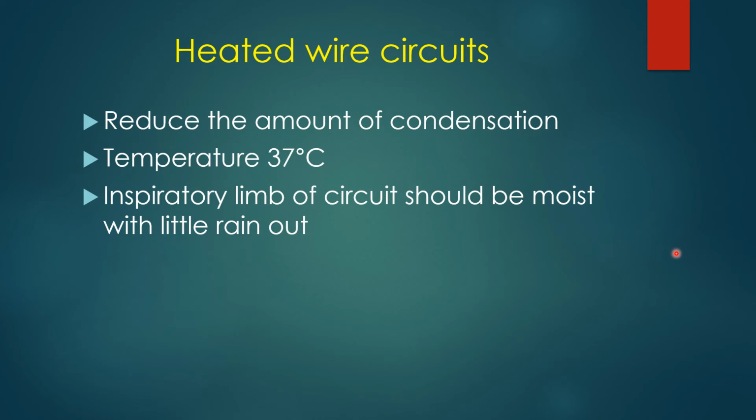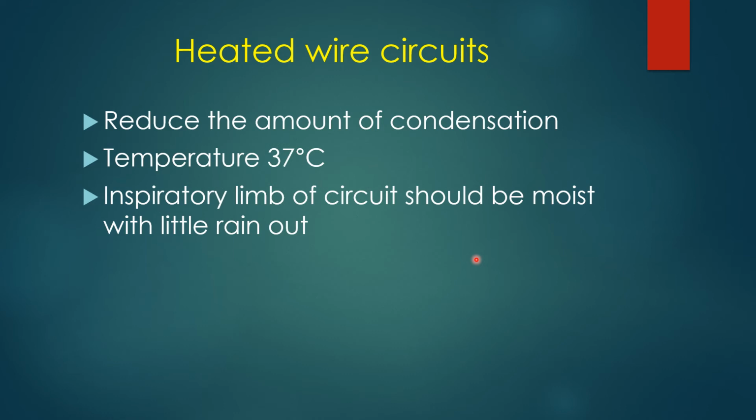You want to be very careful, though, to not believe that the circuit should be dry. The circuit should not be dry. If the circuit has little droplets of water, fogging, any sign of moisture on the inspiratory limb of the circuit all the way to the patient, it means that you have 100% relative humidity.